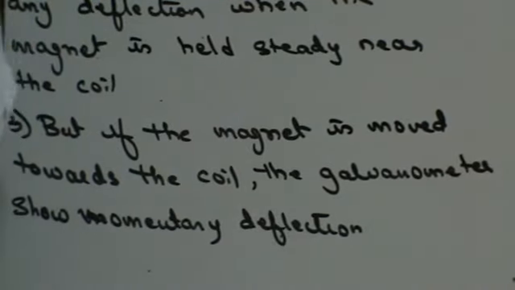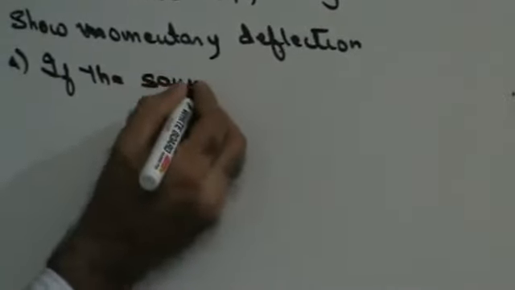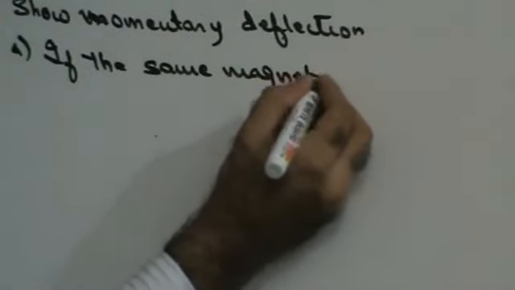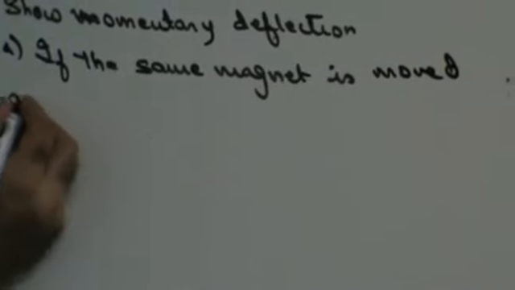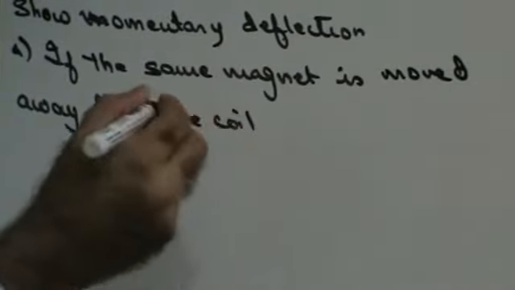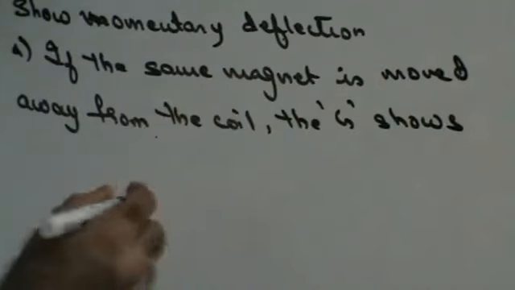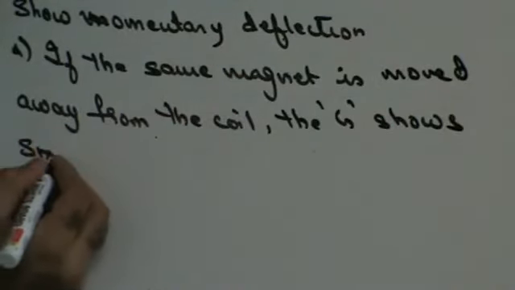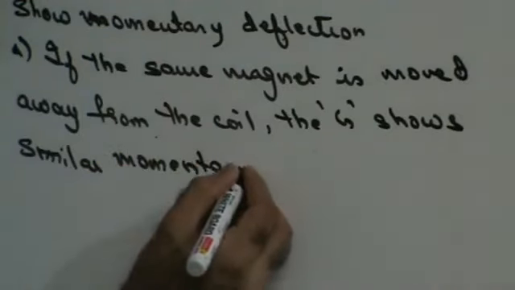So whether I move it towards the coil or away from the coil, the galvanometer is going to show the same deflection. Right?